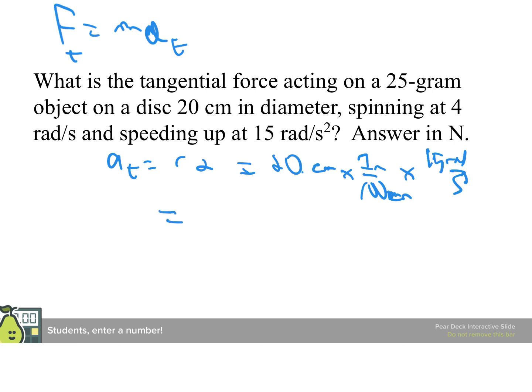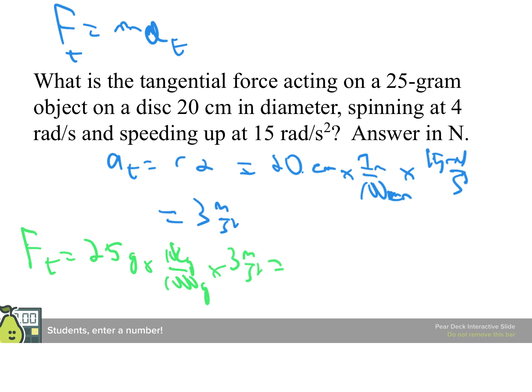So our tangential acceleration turns out to be a nice easy 3 meters per second squared. And then our tangential force is 25 grams times 1 kilogram per 1,000 grams times 3 meters per second squared, or 0.075 newtons.